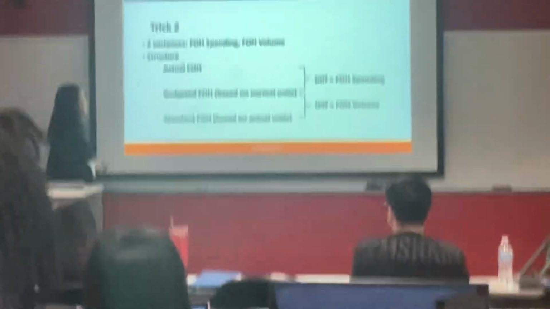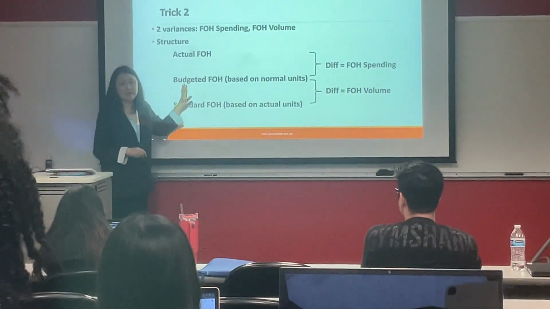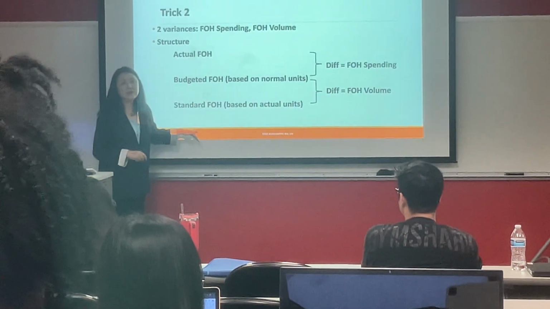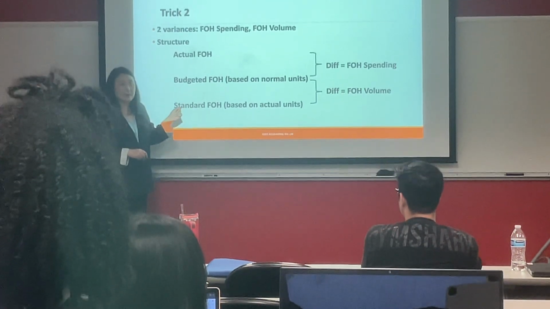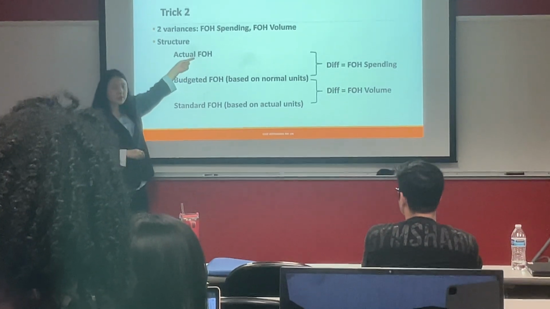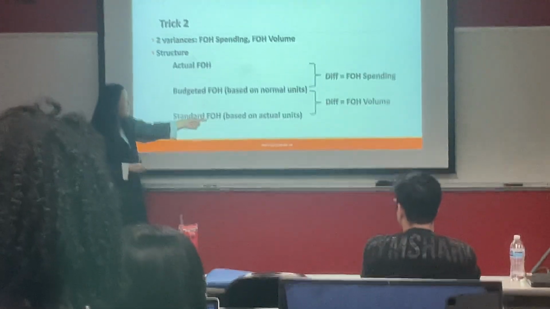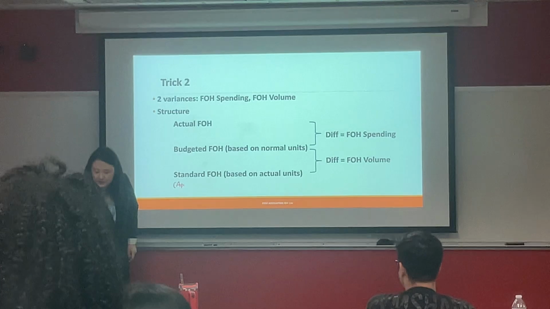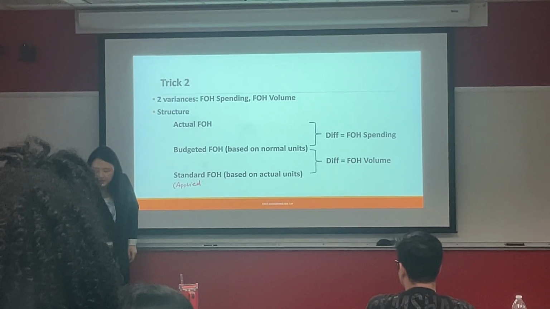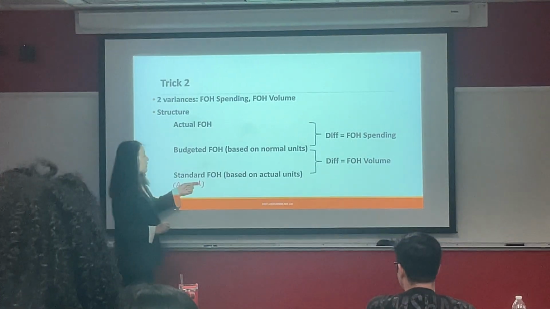Now trick 2, this is all about fixed overhead. The reason you write it this way will help you understand the concept. So you have actual fixed overhead, you have budgeted, you have standard. Sometimes we also call this applied, but the name doesn't matter that much.